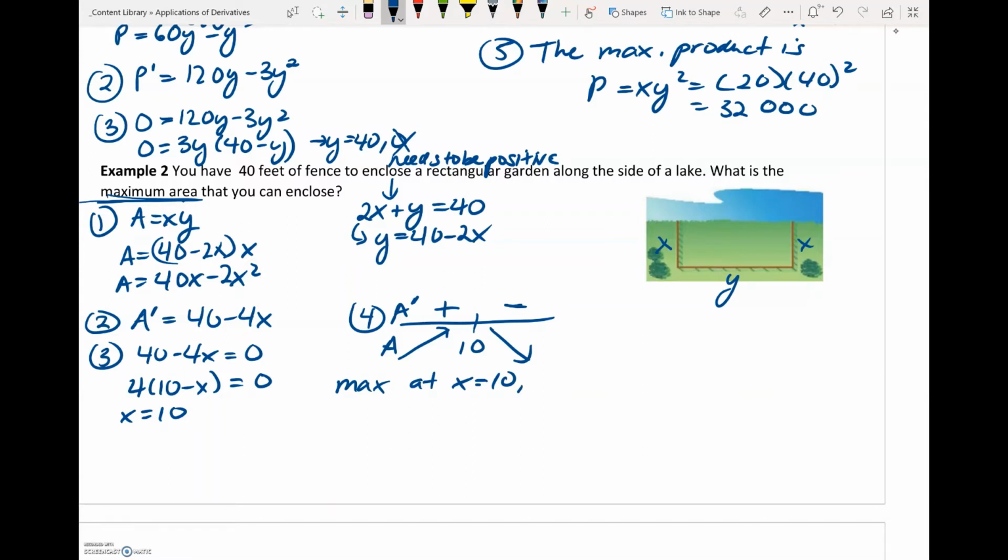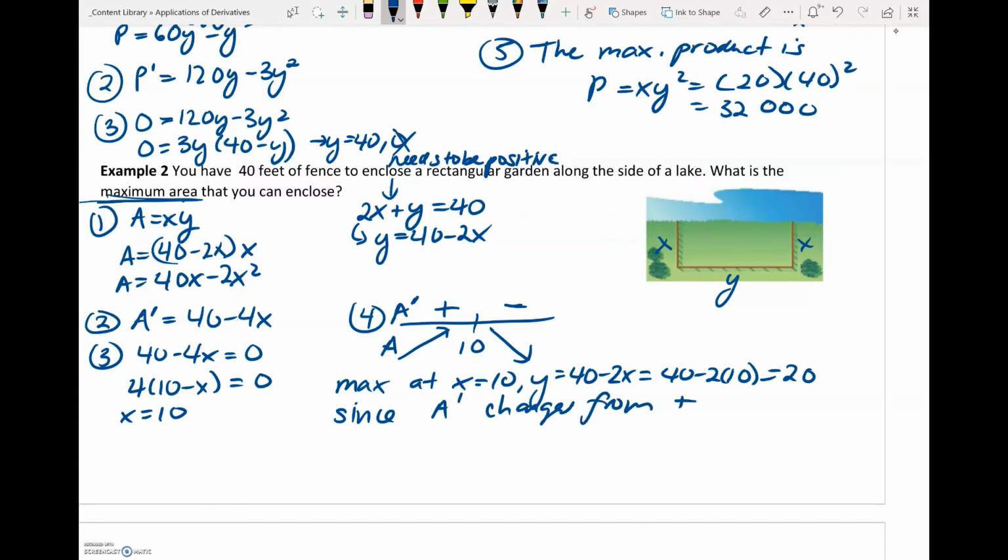And we can find our y value by plugging it into 40 minus 2x. And we know that x is 10. So this is 20. And we know a max is there since A prime changes from positive to negative.